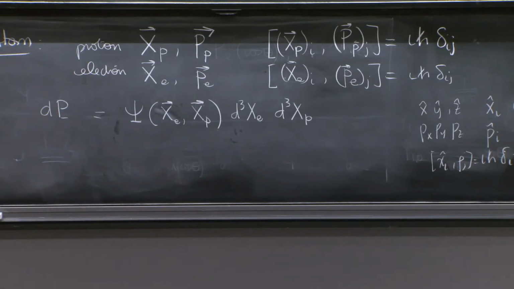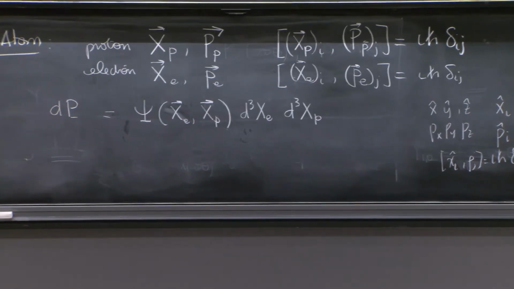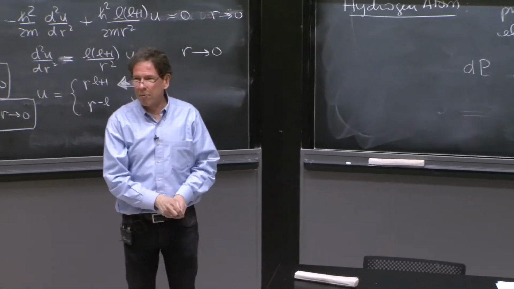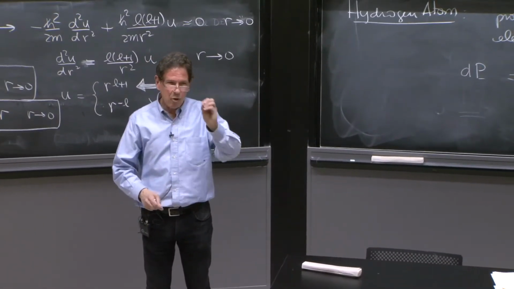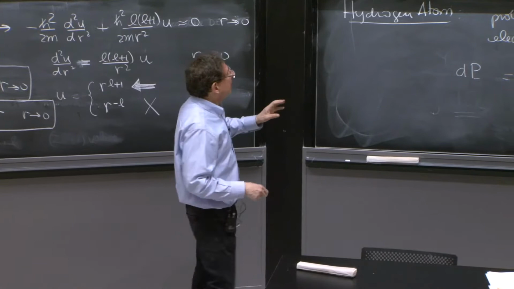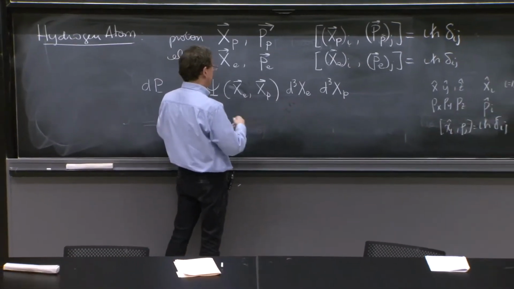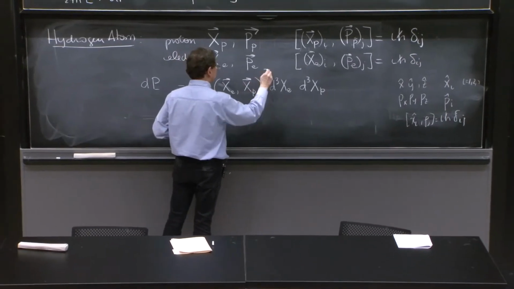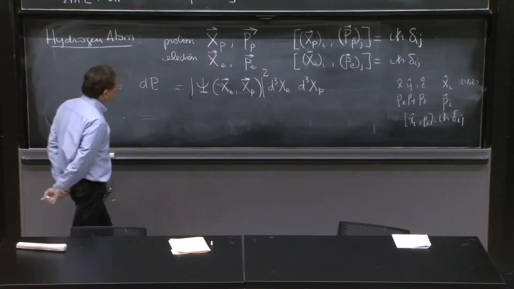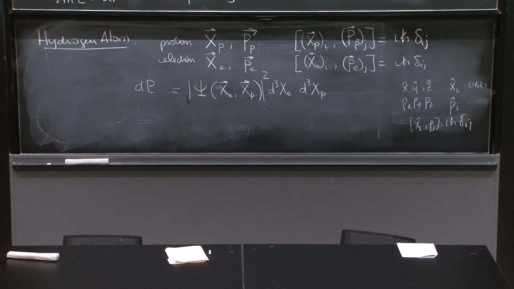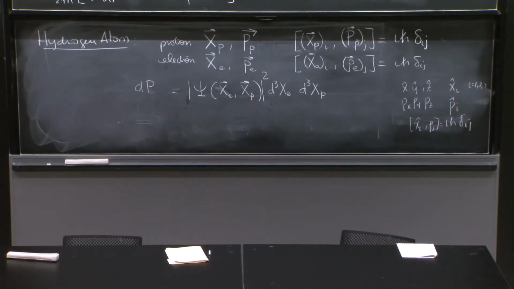And then if you want to see what is the probability to find the electron at some point regardless of the proton, you integrate over the whole proton. If you integrate this psi squared over the proton, you're left with some probability density for the electron.